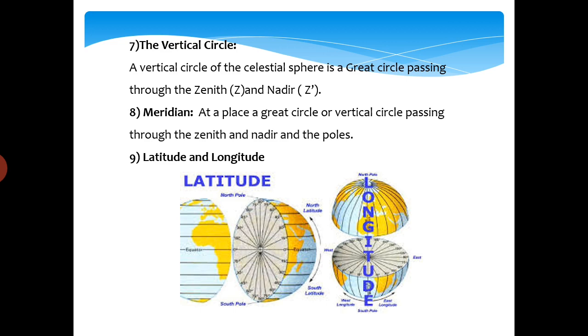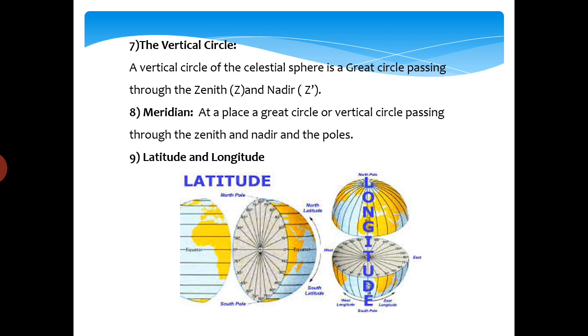A vertical circle is a great circle passing through the zenith and nadir points. Suppose we take any great circle, and if it passes through the zenith and nadir, then such a great circle is nothing but a vertical circle. Next, the meridian.